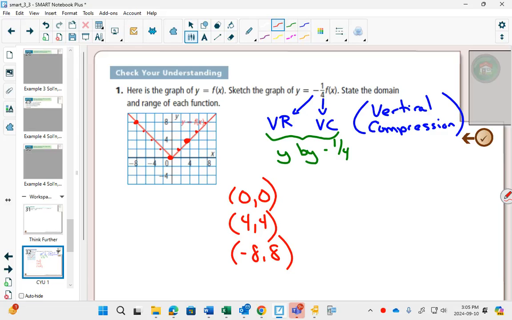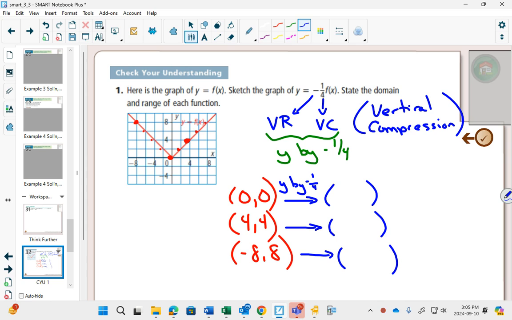Then to show work, I like to say, well, these points are going to change. They're going to change because I need to multiply my y values all by -1/4. So what do they change to? Well, since I'm only changing y values, my x's are all going to stay the same as they were. So 0, 4, and -8, those aren't going to change.